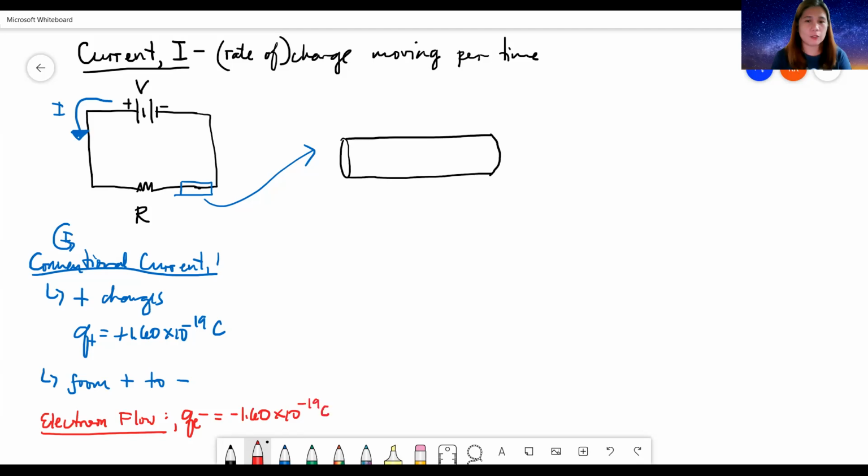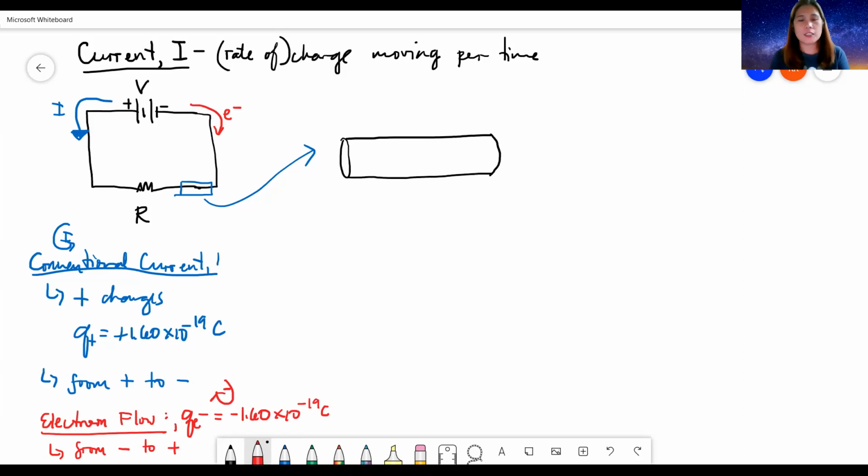However, the motion is opposite. So it goes away from the negative of the supply and then going towards positive. So repelled by the minus and attracted by the plus. So the electron flow this time, in this particular case here, goes clockwise yung electron flow natin.